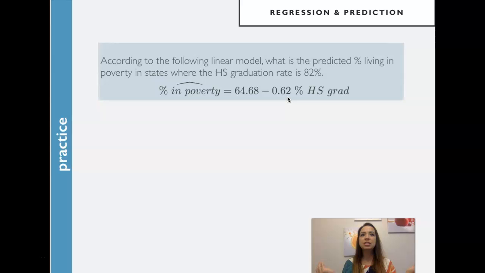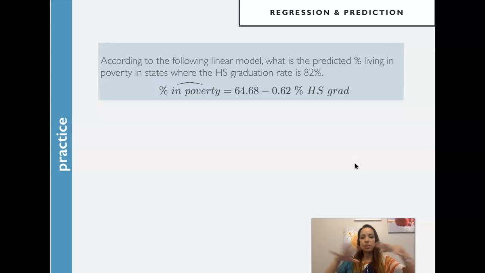Again, regression does not allow us to make causal inferences. We know that that's the kind of relationship that's out there. If there is no causal relationship, it doesn't mean that, okay, so let's intervene and increase high school graduation and see if poverty increases. That would be the kind of research that would allow us to establish causal relationships, because it may or may not be there, right?